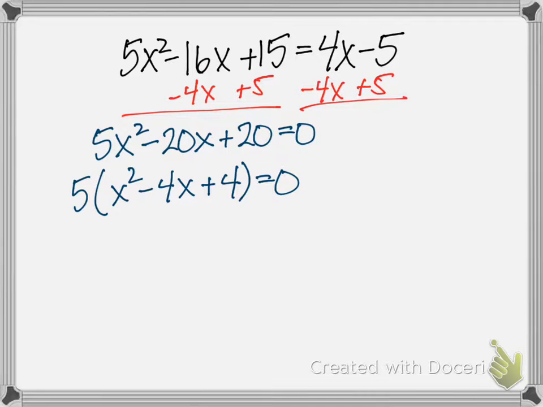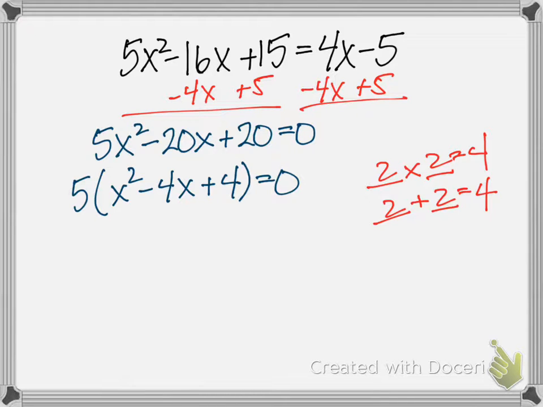And now I can factor this one. You can use the AC method. For this one, since we don't have an a, I just have to think about two numbers that multiply to 4 and add to negative 4. Lucky for us, not many options here.